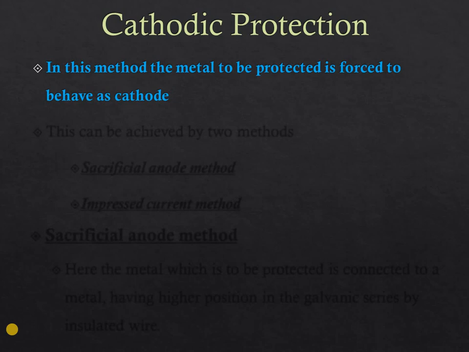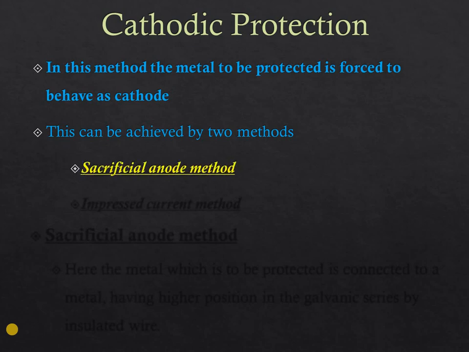So here, in case of cathodic protection, the metal or metallic part to be protected is forced to behave as a cathode. Cathodic protection can be achieved by two methods. First is the sacrificial anode method and second is the impressed current method.